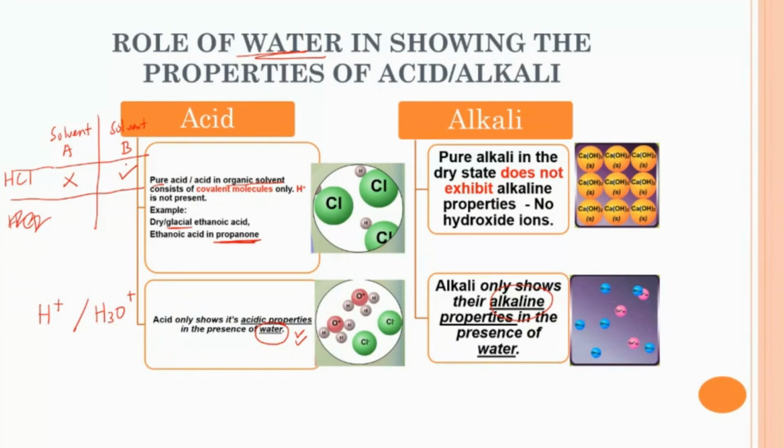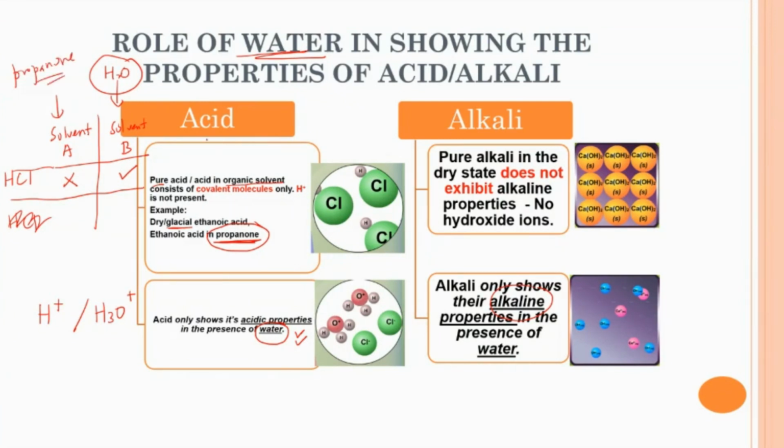So you directly know in solvent B, the one that can show the properties, this one is the water. Water must be present so that it can show the acidic properties. Then solvent A will be an organic solvent, for example, propanol.